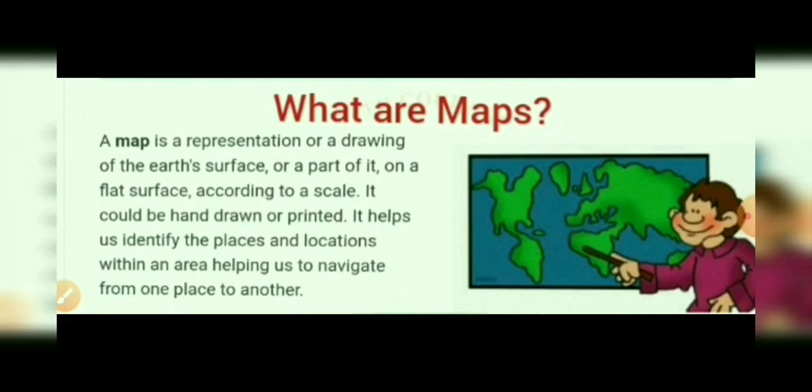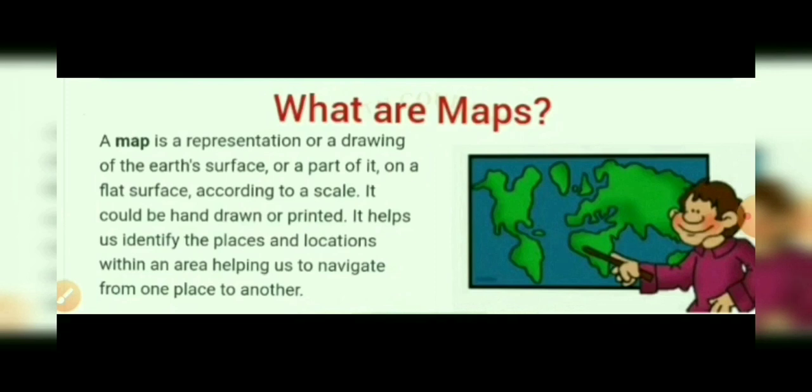What are maps? A map is a representation or a drawing of the Earth's surface or a part of it on a flat surface, according to a scale. It could be hand-drawn or printed. It helps us identify the places and locations within an area, helping us to navigate from one place to another.